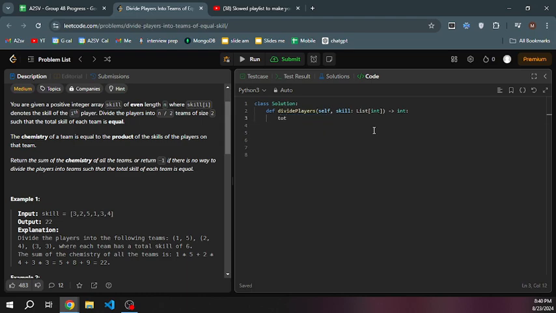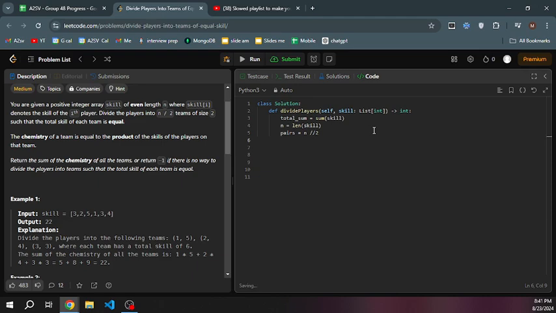We are going to take the total sum. It's going to be the sum of skill. The first thing we need to do is take the length of skill. Let's create our pairs, which is going to be n over 2.